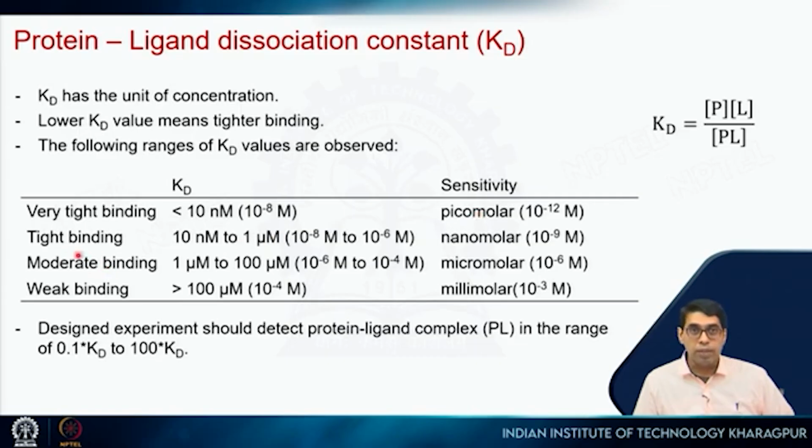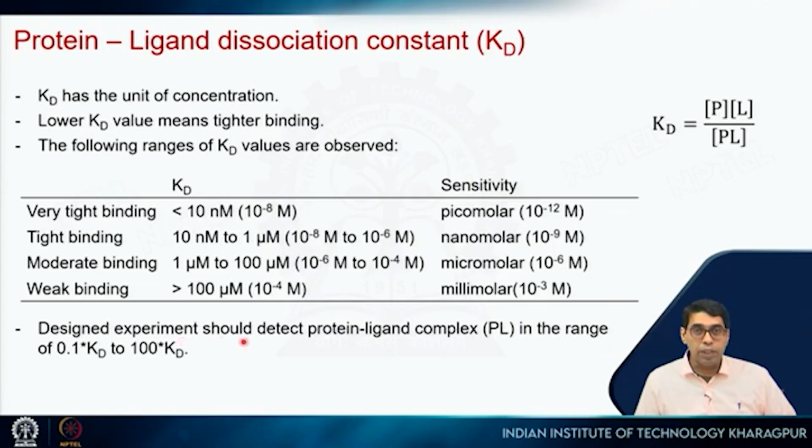So to get this tight binding, which is 10 nanomolar to 1 micromolar, it should go down to nanomolar range. So 1 nanomolar or even less, right? Roughly, whatever KD value you are measuring, your sensitivity should be to a good degree at least 10-fold less. So 10-fold less amount you should be able to detect with good reliability, right?